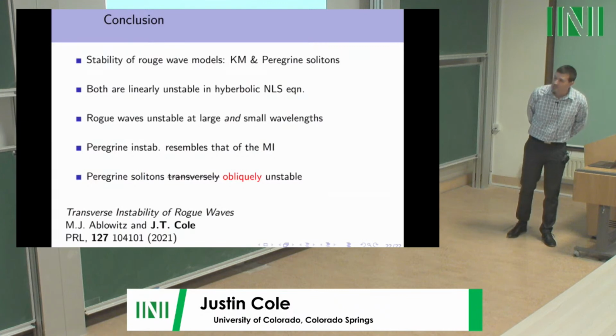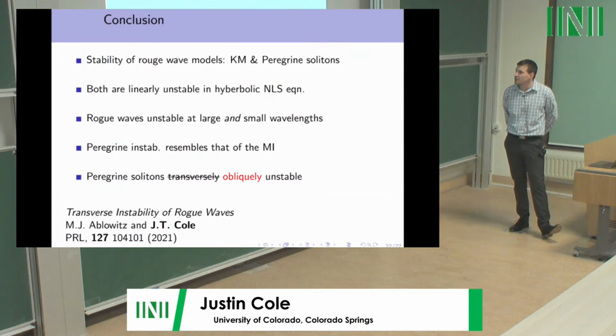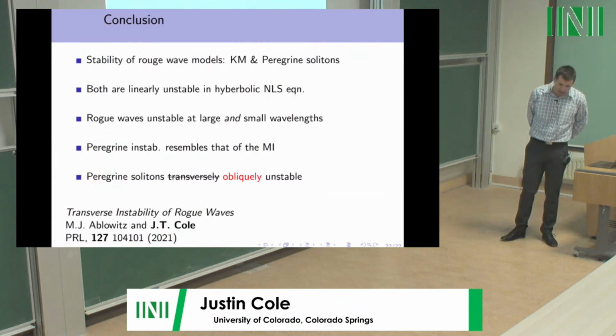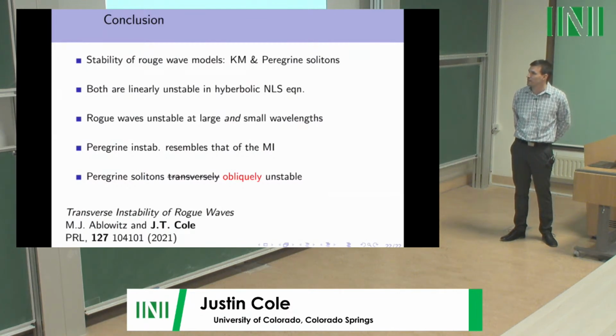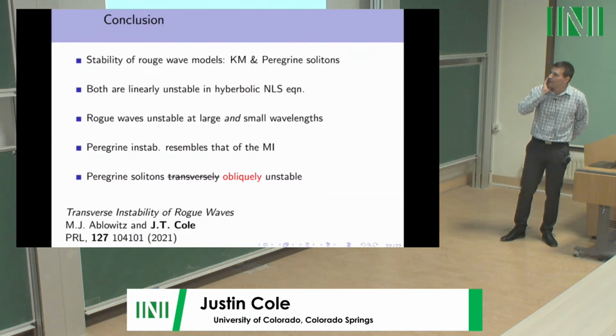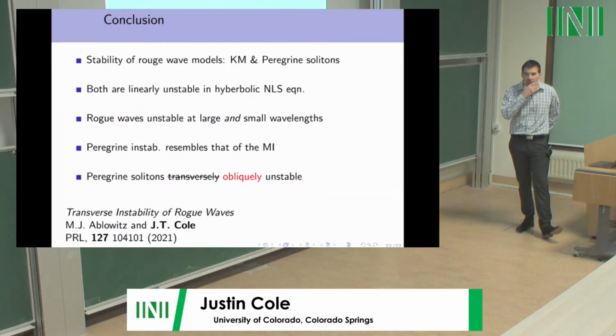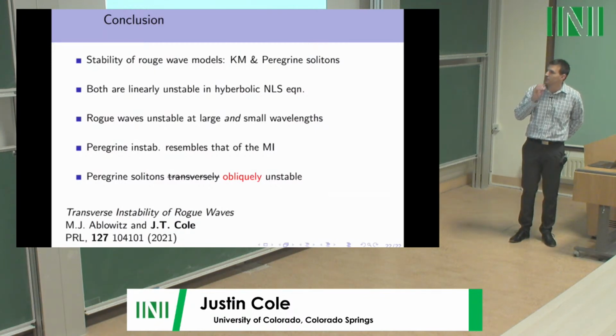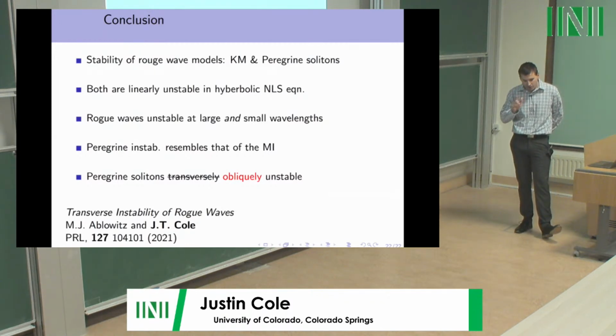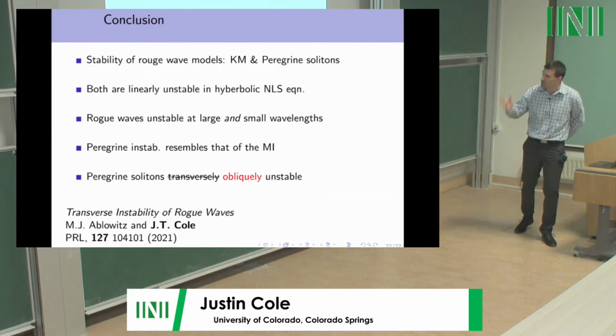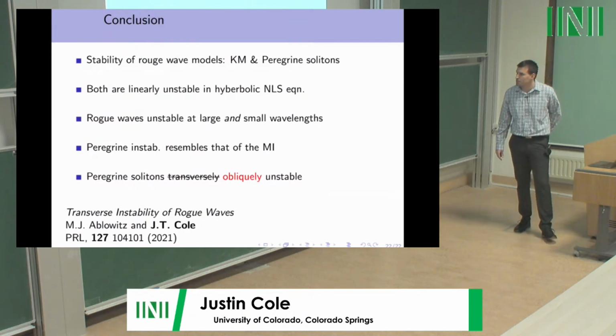And the evidence suggests that the Peregrine instability appears to be the same as modulational instability. And lastly, perhaps a better name for the Peregrine instability should be not transverse but oblique, because the perturbation has to have some component in the direction of propagation. So in hindsight, maybe that would have been a better description of the sort of instability here.